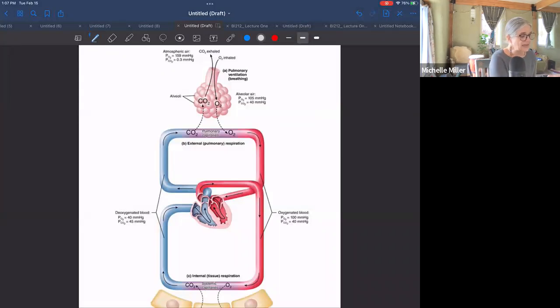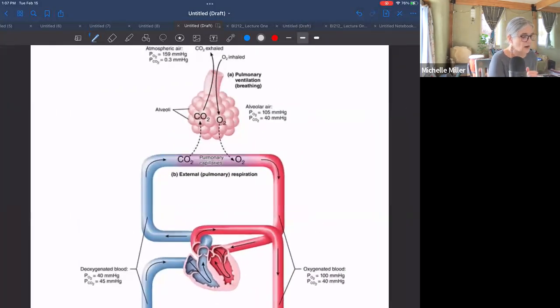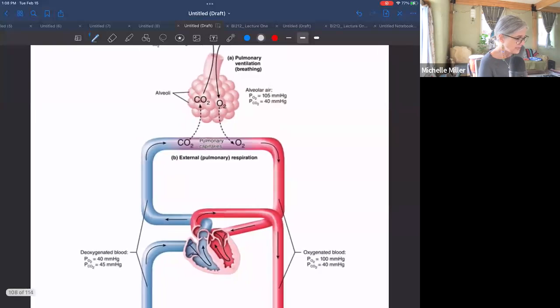So if we look at this gas exchange, here we can see that in the atmosphere, our partial pressure of oxygen is about 159 millimeters of mercury. You don't have to memorize these values. That is just about 21% of the atmosphere. Notice that carbon dioxide is at a much lower concentration. So when we're looking at the movement of the gases, when blood is coming in, let's say my partial pressure of oxygen is 40 millimeters of mercury.